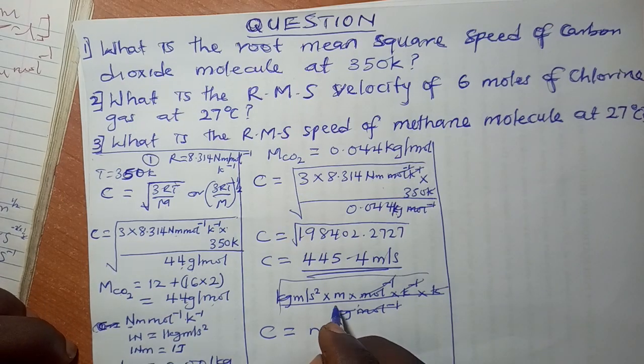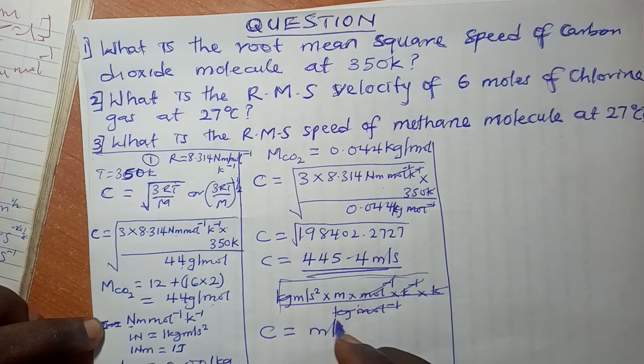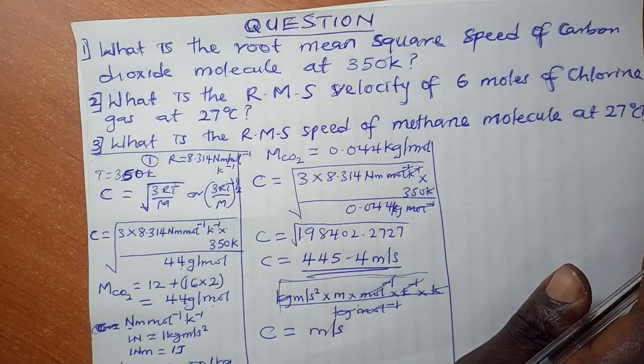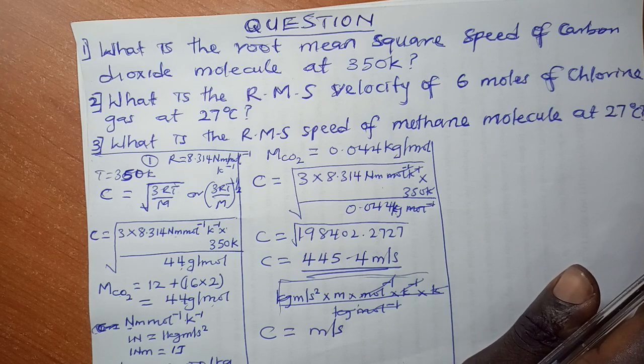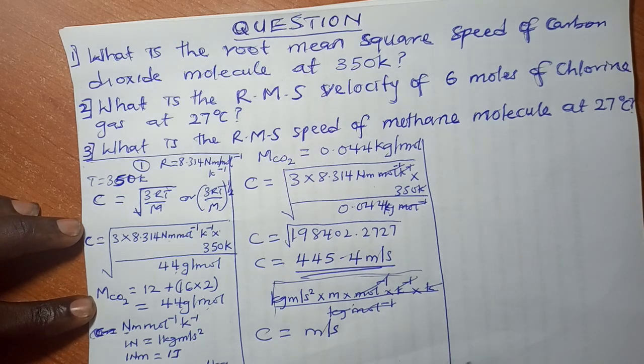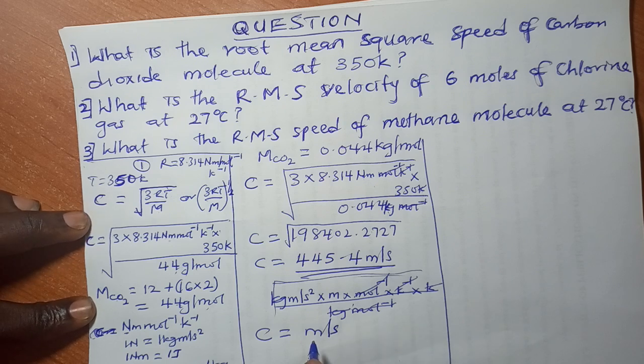So how do you take the square root out? Let me also do that. I don't need to rush this process so that you will understand it very well. Please, in an examination, this analysis is important so that the examiner will know that you actually know what you are doing.